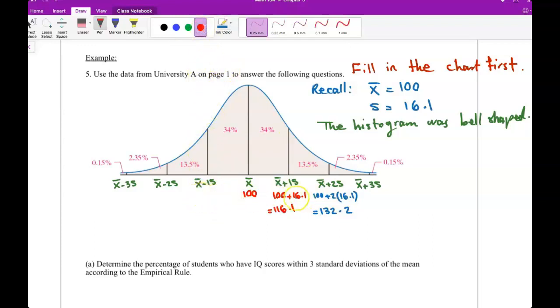Okay, let's do the same thing here. So this is 100 minus 16.1. That is 83.9. And here 100 minus 2 times 16.1. It's equal to 67.8.